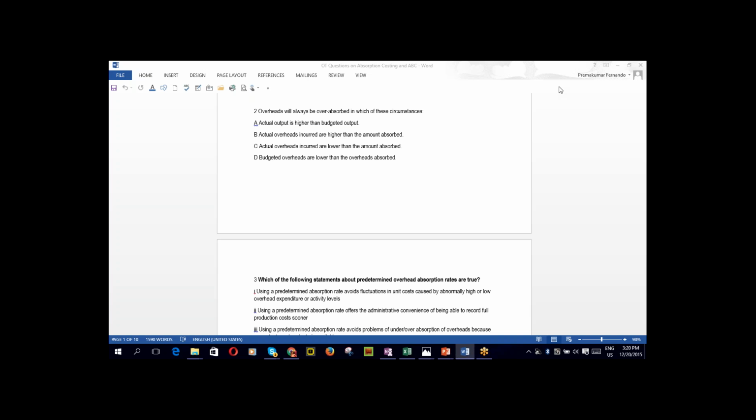You remember we just now said when the actual output is higher than the budgeted output, it can end up with an over absorption. Actual overheads incurred are higher than the amount absorbed. So overhead incurred is 100,000, but the amount absorbed is 90,000. So that is an under absorption situation.